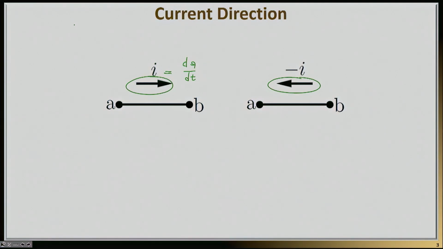If somebody tells you, I have 1 amp of current flowing, it is not sufficient information. You have to be able to say which direction the current is flowing. Of course, 1 amp flowing to the right is the same thing as negative 1 amp flowing to the left. But I really want you to understand that finding the direction of the current is as important as finding its actual value.